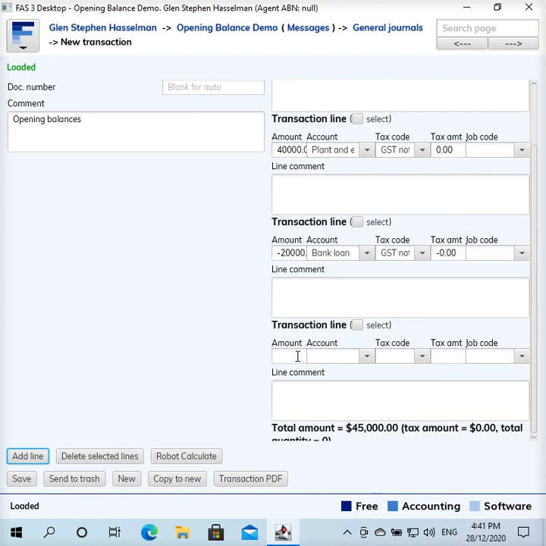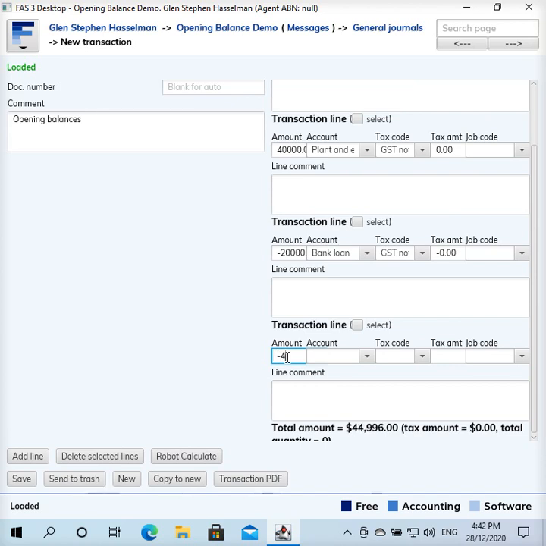Now, there is no retained earnings account. The way the software calculates retained earnings is simply by summing up your profit and loss for however many years of history there is in there. So what we want to do is just put it to some profit and loss account.